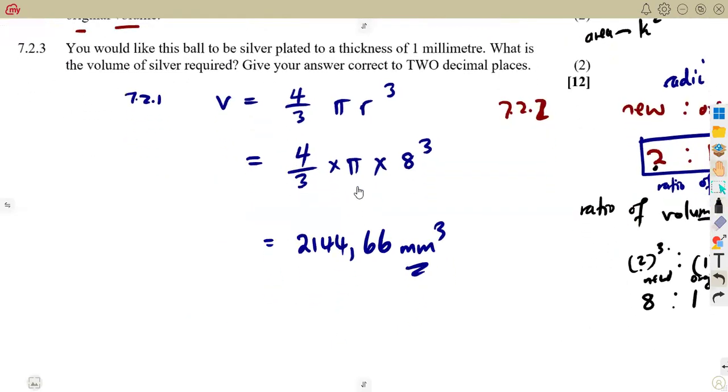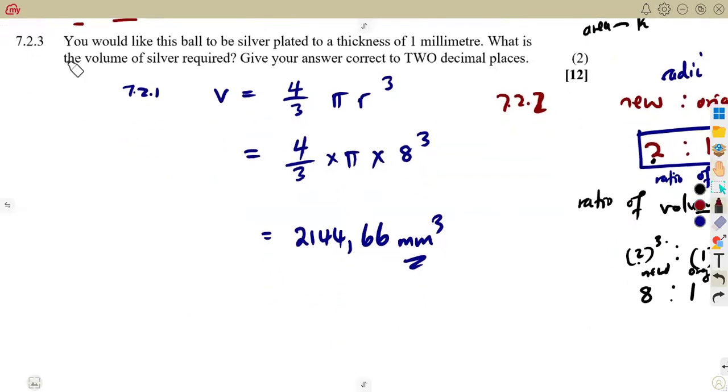With question 7.23, they are saying you would like this ball to be silver plated to a thickness of 1 millimeter. They gave you a thickness. What is the volume of silver required?